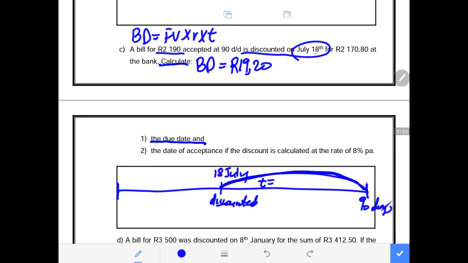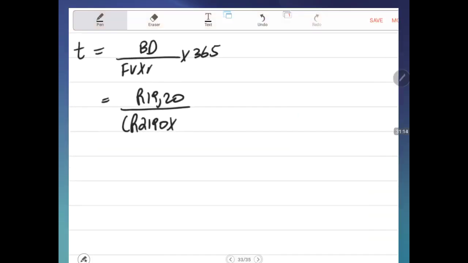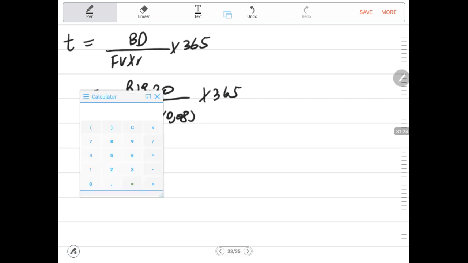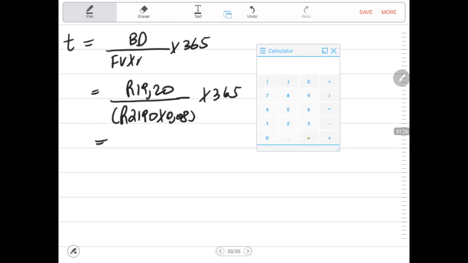They said calculate the due date and the date of acceptance if the discount is calculated at the rate of 8% per annum. So we are given the rate of 8% per annum. We multiply this by 0.08 and everything is multiplied by 365. This will give us our unexpired period.